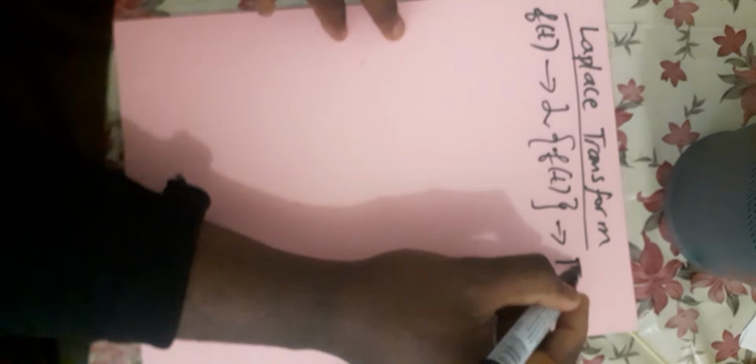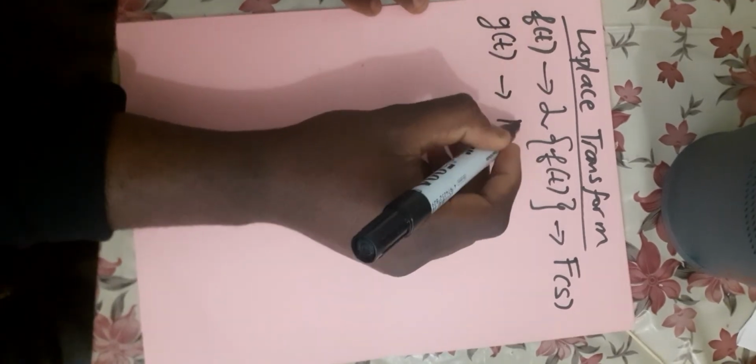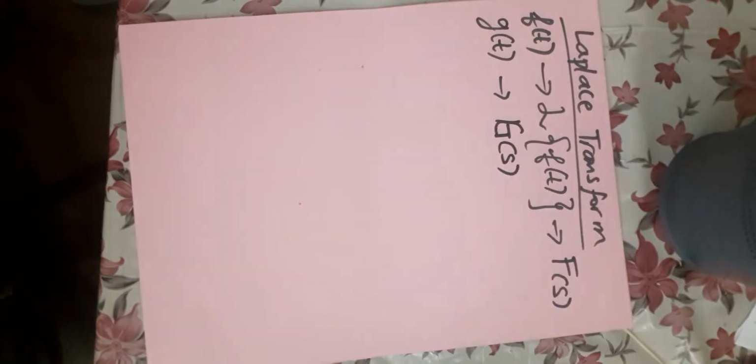Or I actually prefer this: F of s. If it's f of t, it's going to be F of s. If it's j of t, it's going to be big J of s.